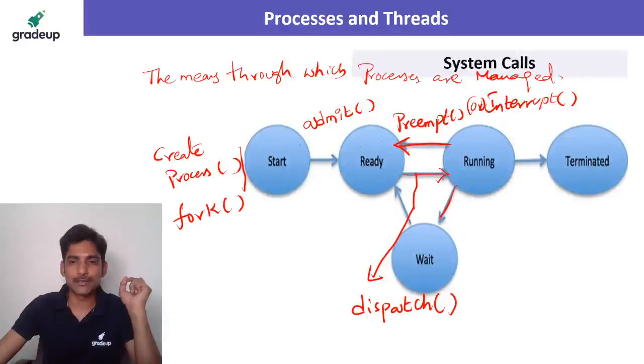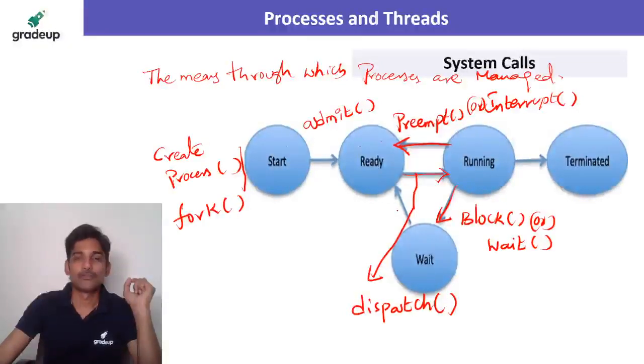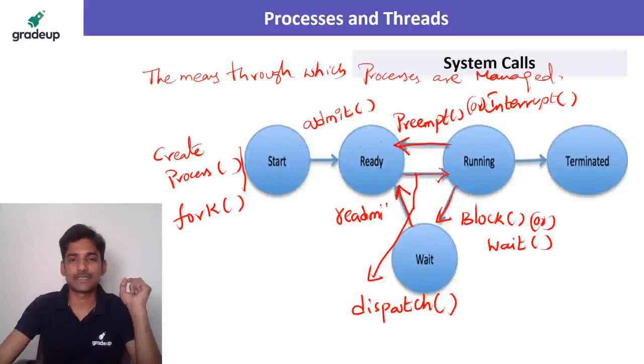From running state to blocked state or waiting state, either block or wait. From waiting state to ready state, the system call name is readmit.